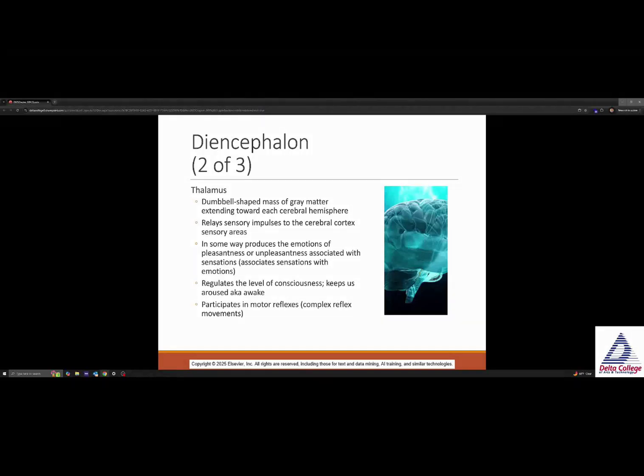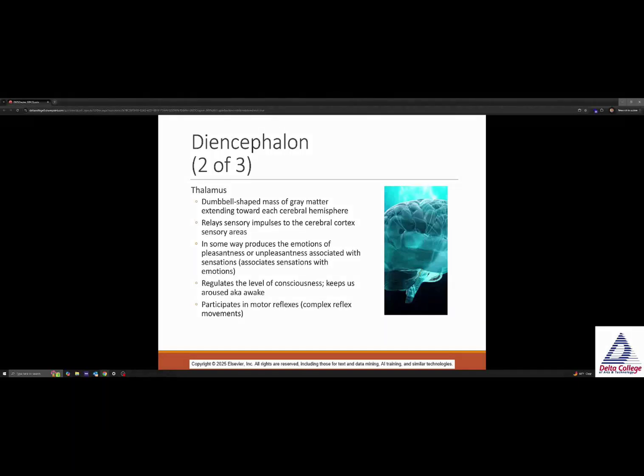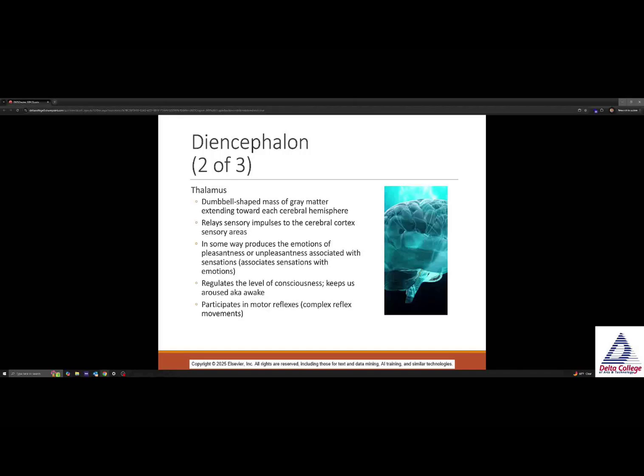So basically, you can think of the thalamus as associating sensations with emotions. It regulates the level of consciousness, keeps us aroused, aka awake, and it participates in motor reflexes, more complex reflex movements.